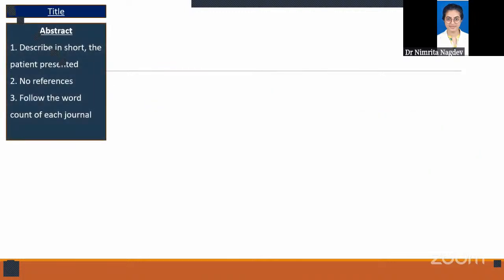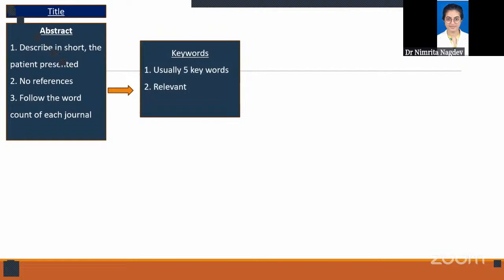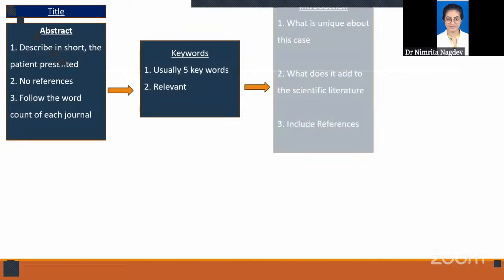So first, you should start writing with the title. It should be short, clear, crisp, and catchy. Then the abstract, which should be short, describing the patient in detail, with no references included, and you should always follow the word count for every journal. Then keywords, usually 5 keywords relevant to the case report.